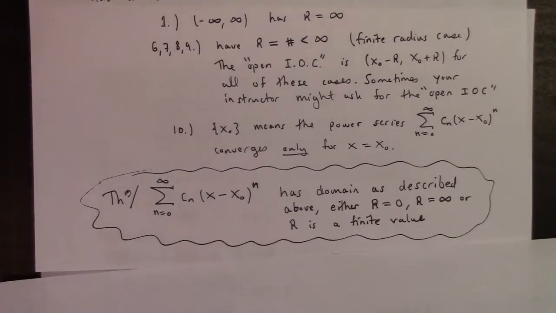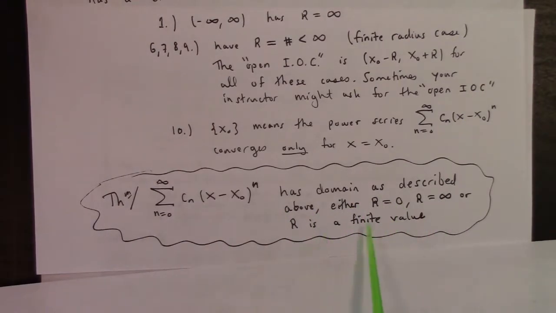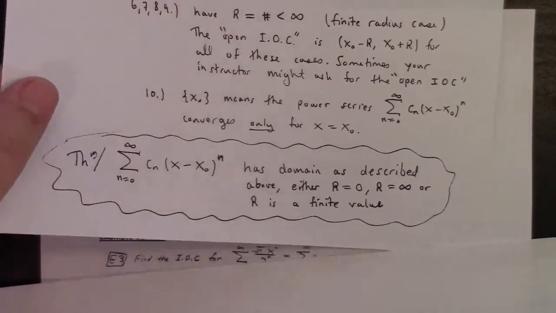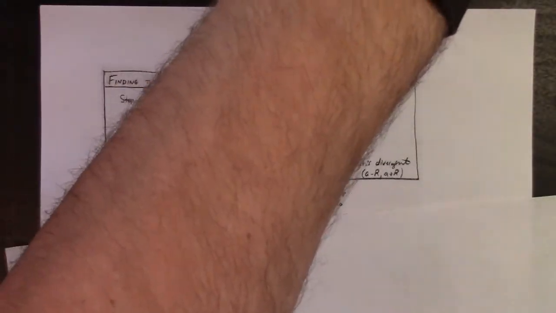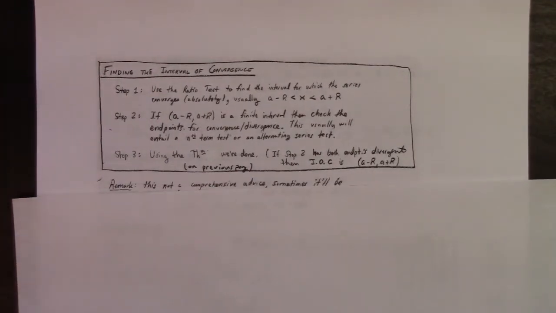Anyway, this is the theorem. If we look at a power series, it has a domain which is described as above. Either the radius is 0, infinity, or it's a finite value. Them's your choices.